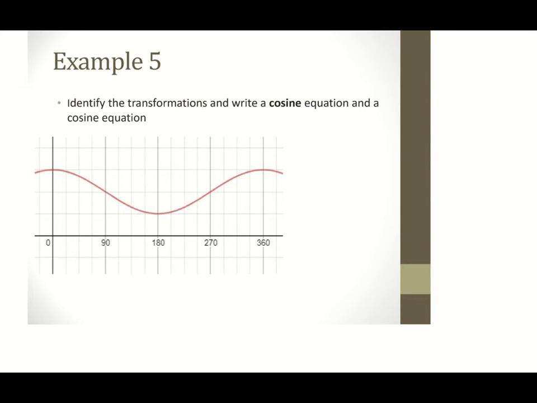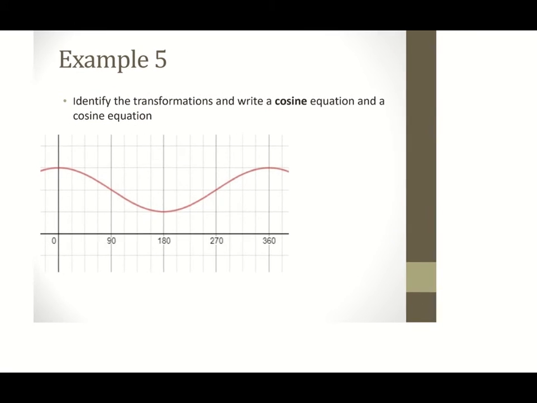Here we got example number 5. It says identify the transformations and write a cosine equation. So just a cosine equation. All right, so first thing, identify our midline, where this graph is cut in half. If I do that, my midline is going to be right here because I have 1 below, 1 above.